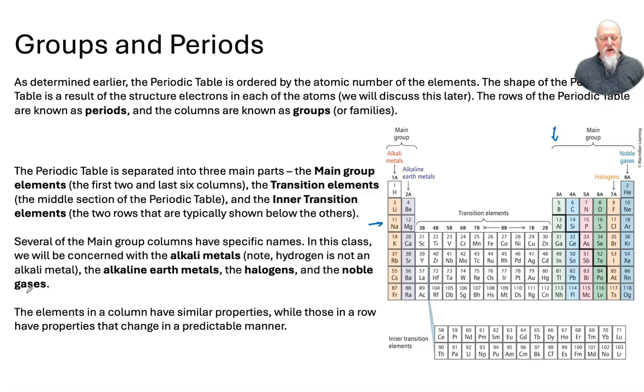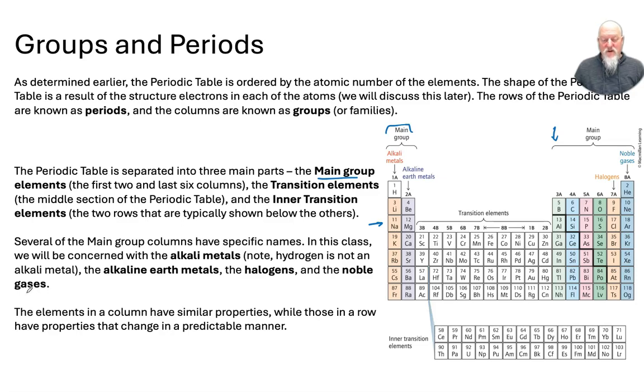And there are going to be a bunch of different ways we're going to categorize and sort the elements. One way is through main group elements, where main group elements are the first two columns and the last 6 columns. Those are main group.